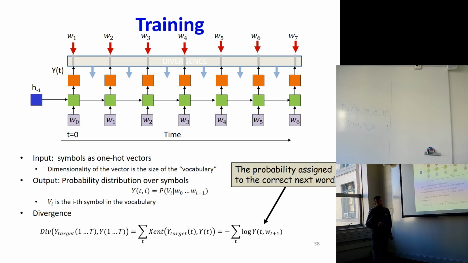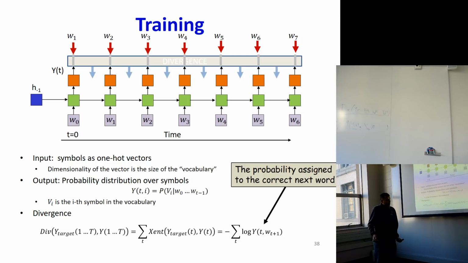Now I can define a standard divergence. So I have the divergence between the target sequence of words or symbols and the actual sequence of symbols that I've generated. At each time, the actual output is a probability distribution, and the probability distribution assigns a probability to the correct word.